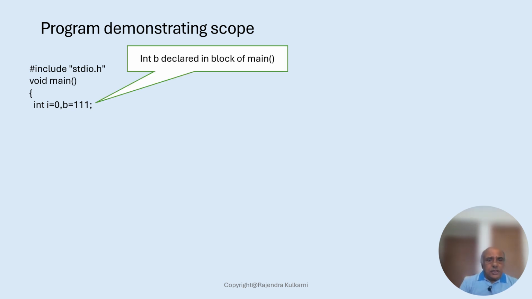Here int b is declared and assigned value 111 in main, then there is a for loop. Within the for loop there is another variable int b declared and assigned with value 0.